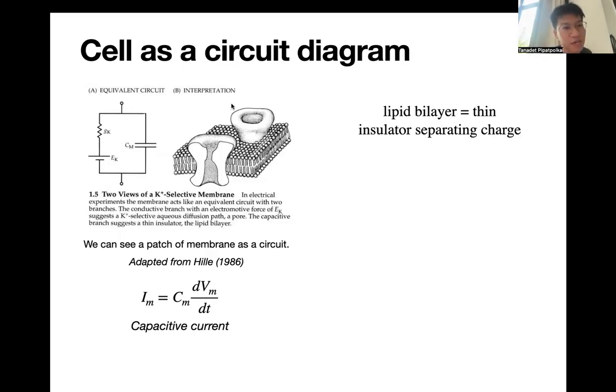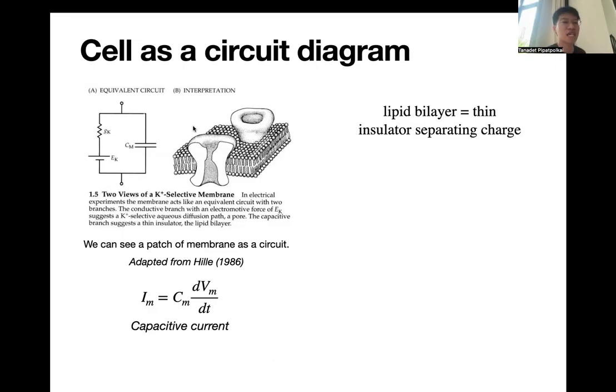We can treat the cell here as a capacitance, and also what is fueling the ions to move through is the gradient. So the ionic gradient across the membrane behaves as a battery. If it behaves as a battery, then we have an ionic gradient to push ions through, right?